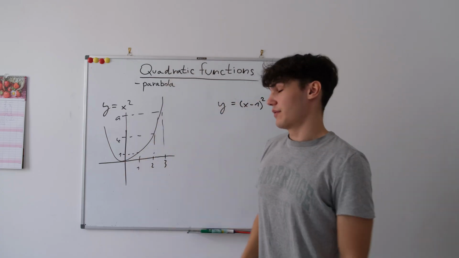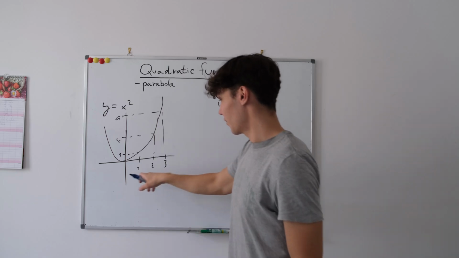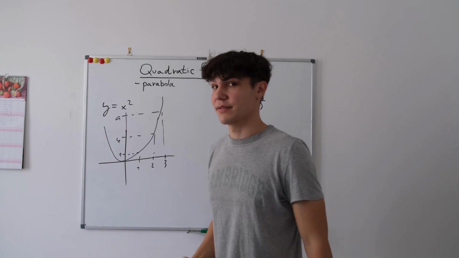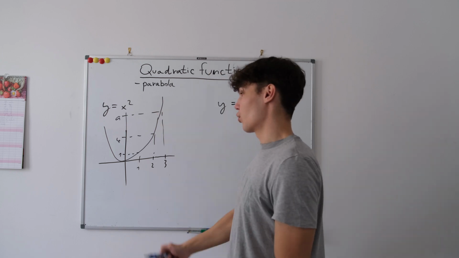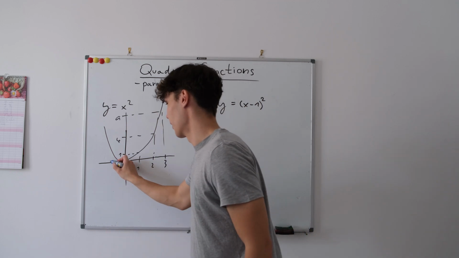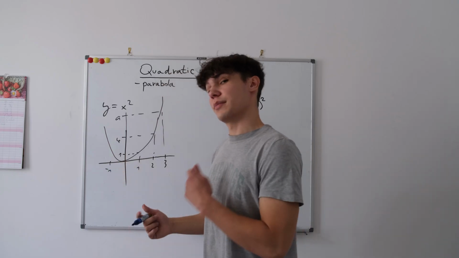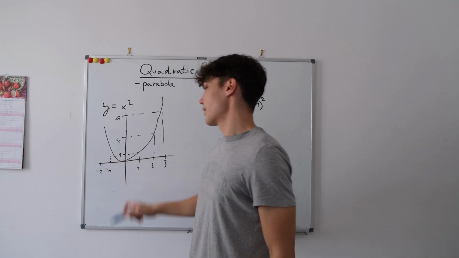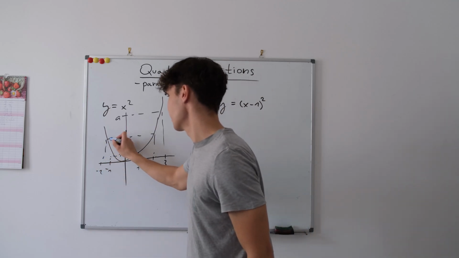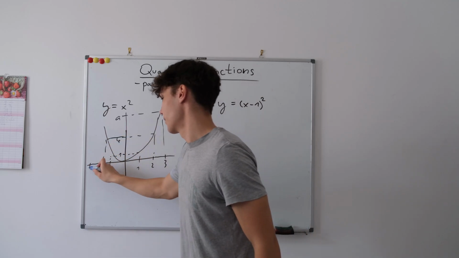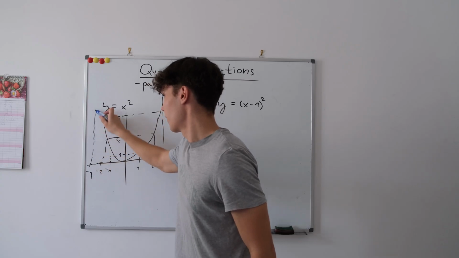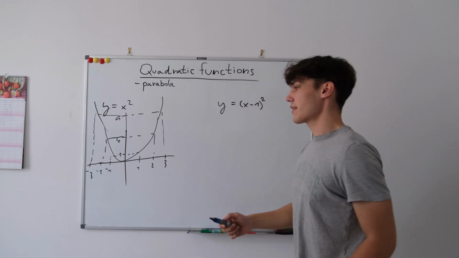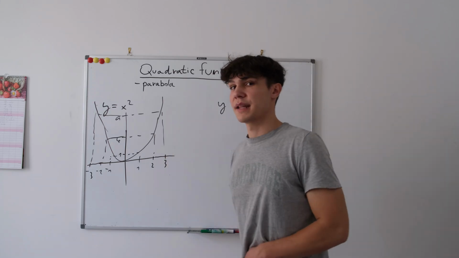For the left side, for the negative part, it's going to be exactly the same, because any number that's negative but squared is always going to be positive. So minus 1 squared, that's going to be 1. Minus 2 squared, that's going to be 4. And we go on.